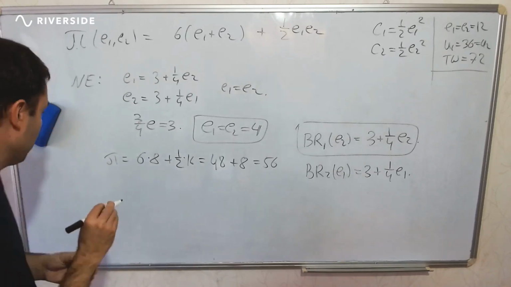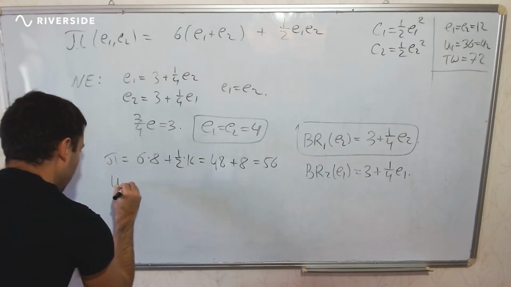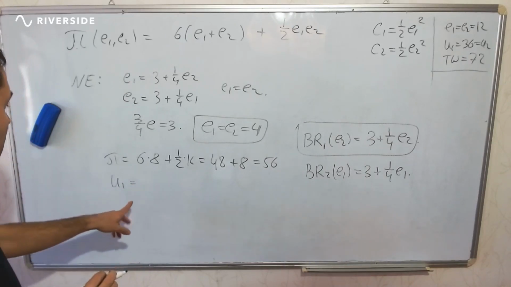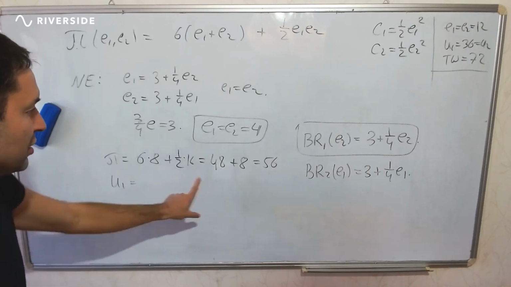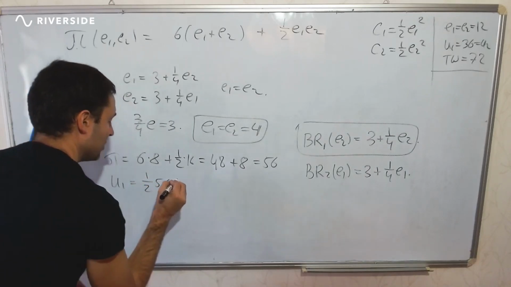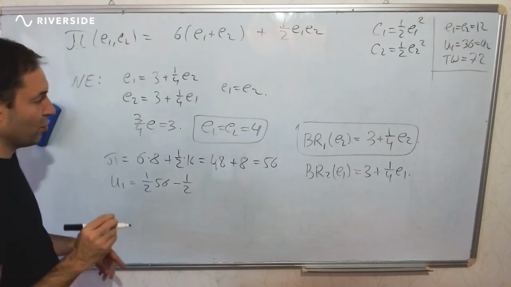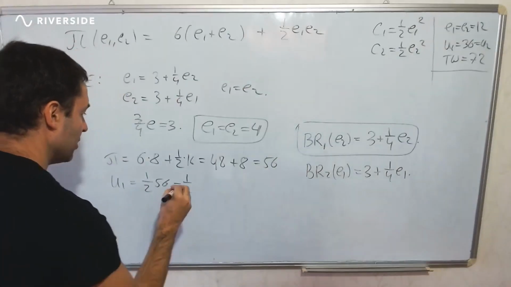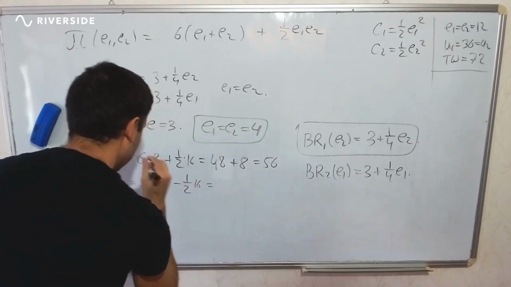And now individual utilities, they will be the same, but nevertheless. So each agent gets half of the profit, so you get half of 56 minus the cost of your effort, and your cost of your effort is half of the square, so it's half of 16, so minus 8.